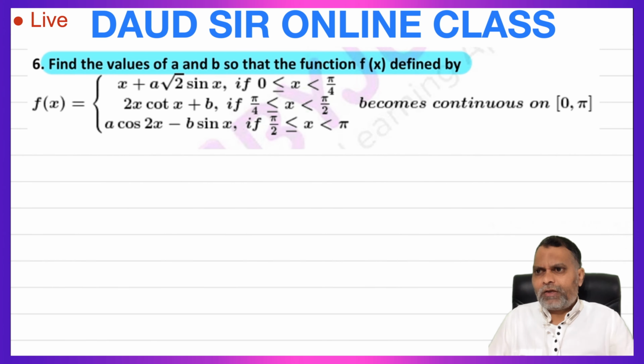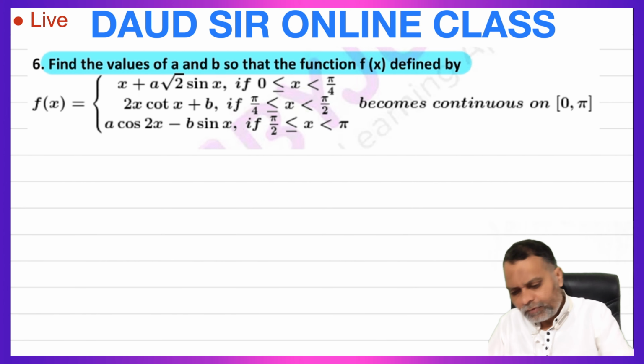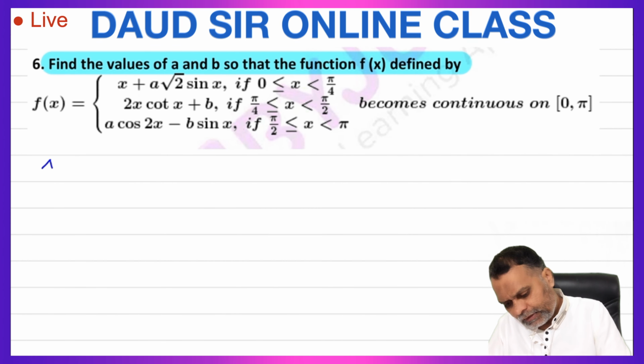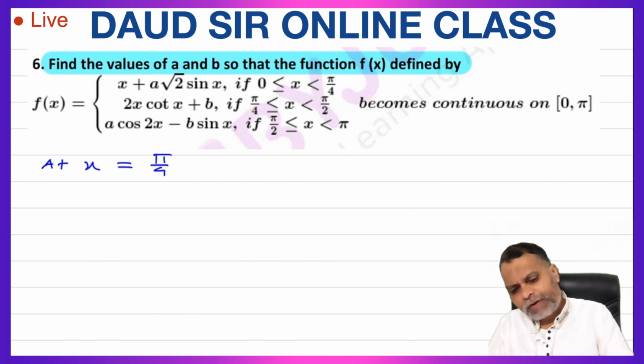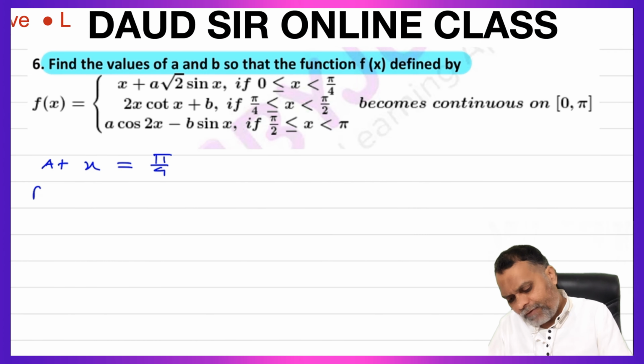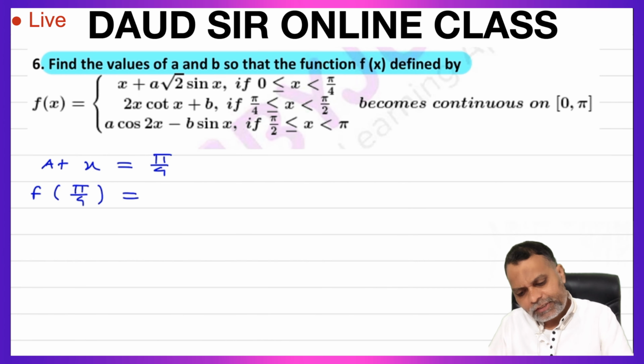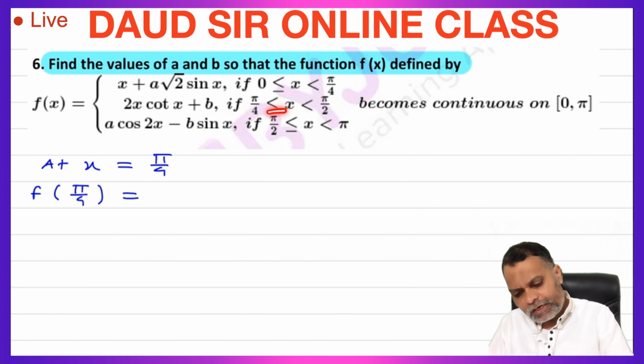So we can put their limits equal to the function, then we can get the values of a and b. So at x is equal to pi by 4, and this pi by 4 belongs to 0 to pi. f of pi by 4 is equal to, where x is equal to pi by 4, take this function 2x cot x plus b.